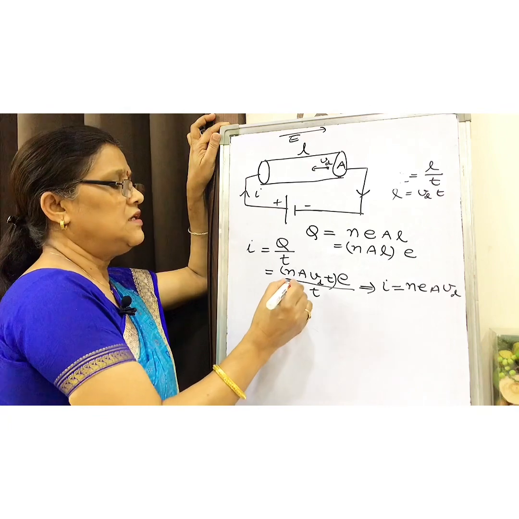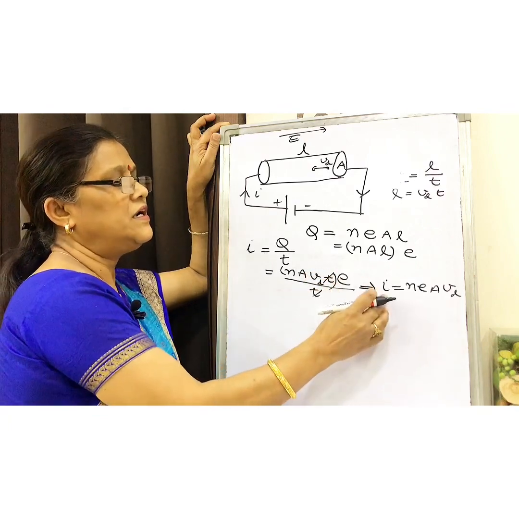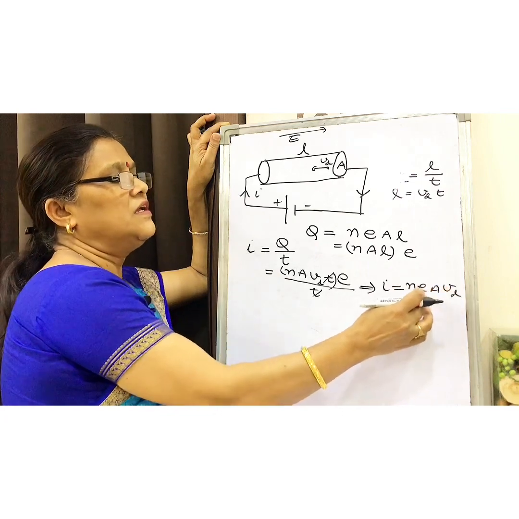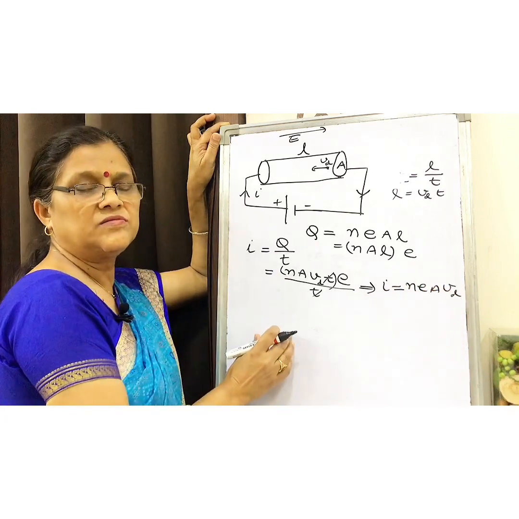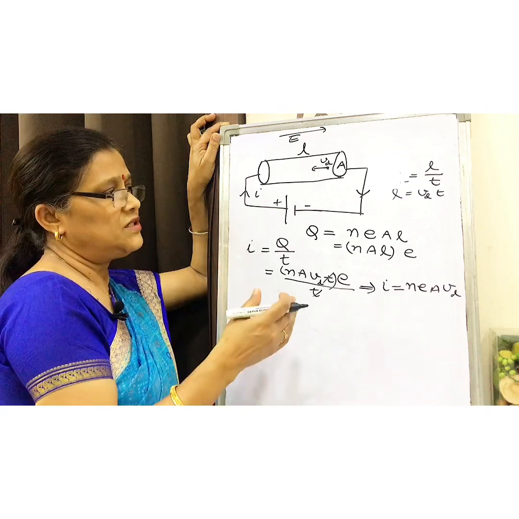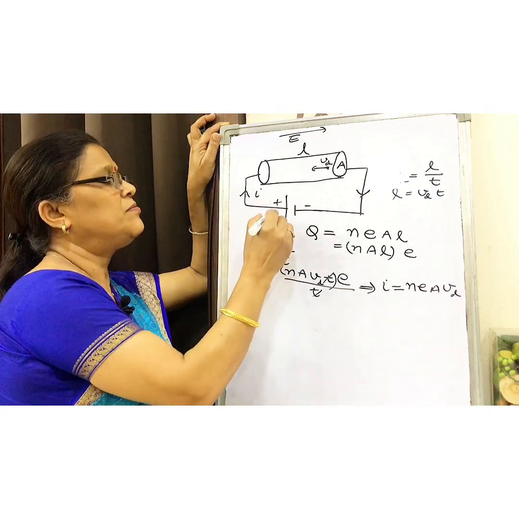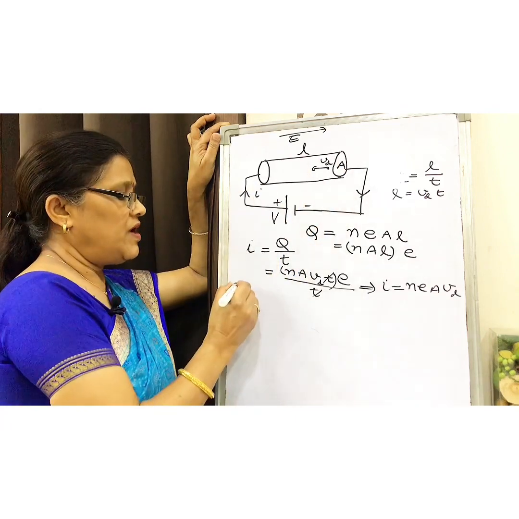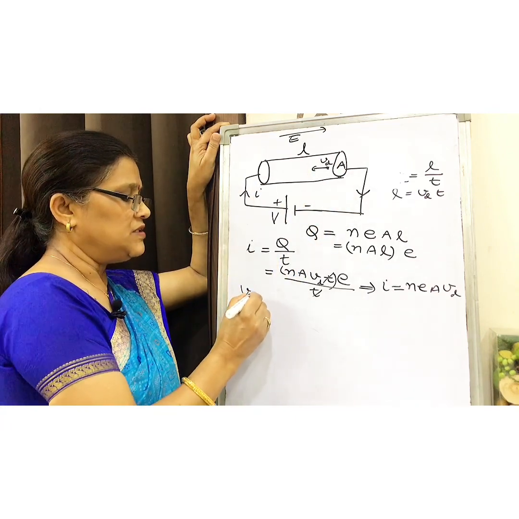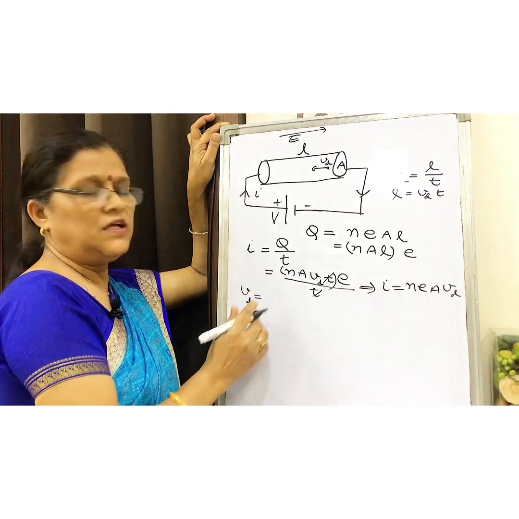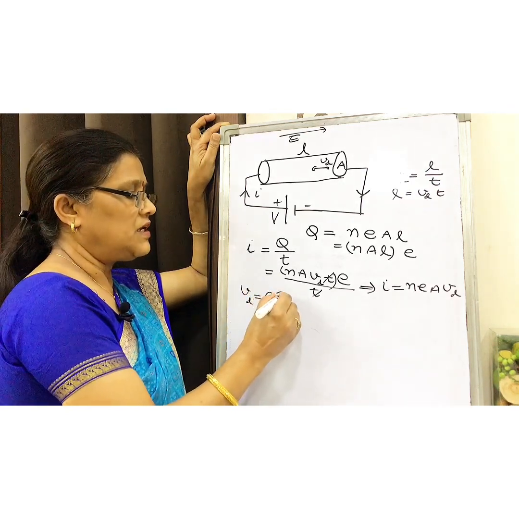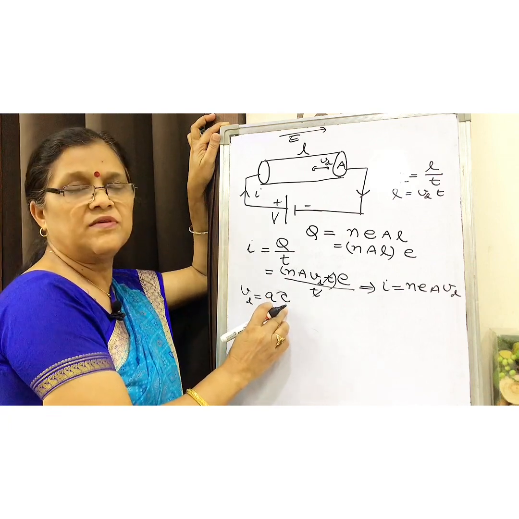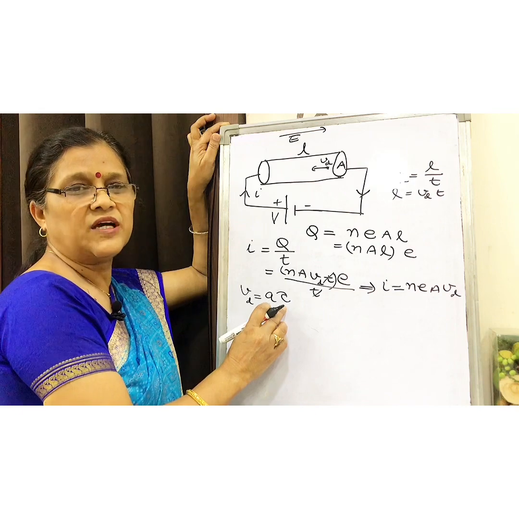This relation says how the current through the conductor and Vd are related. Next, suppose the battery is of potential difference V, and we have read that the drift velocity is also given by acceleration into average collision time, called relaxation time.